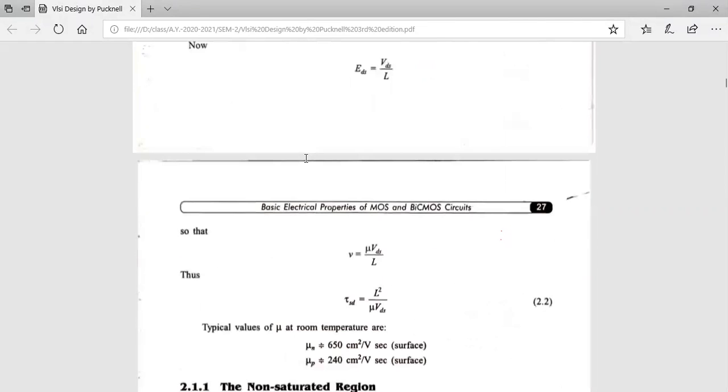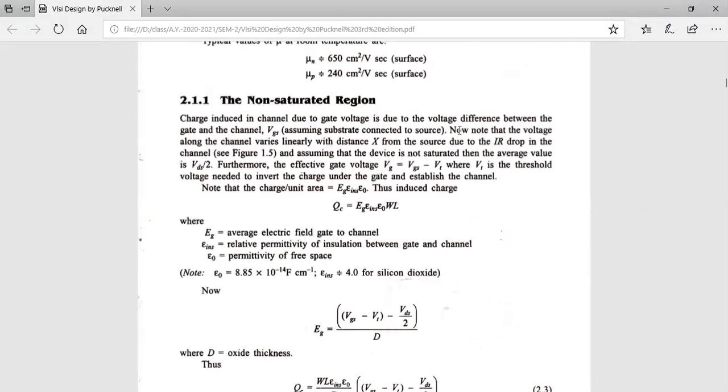So here in the non-saturated region, the charge induced in a channel is due to it.